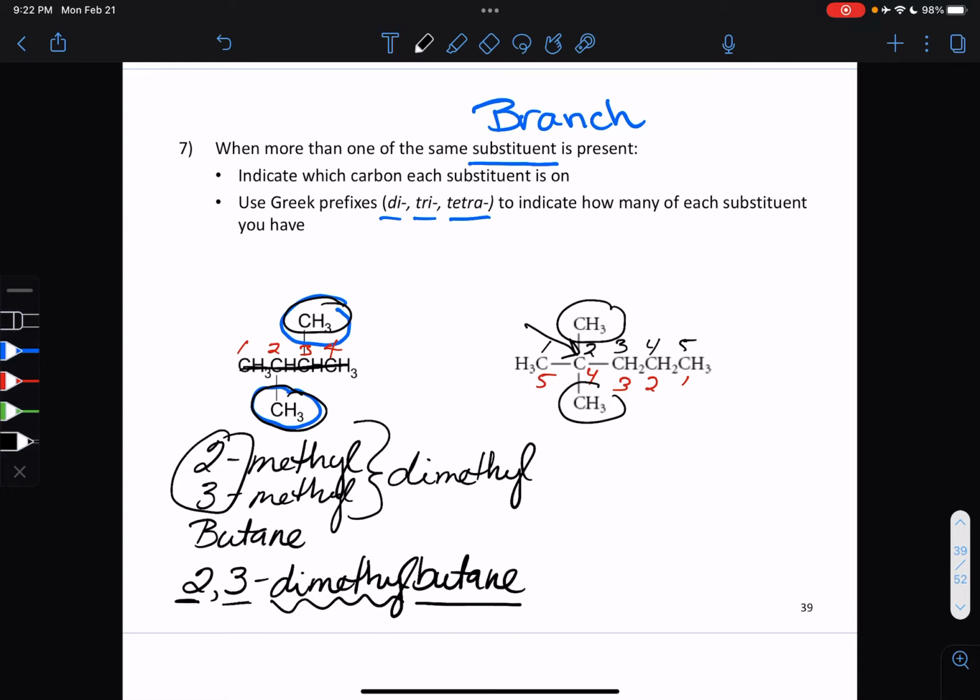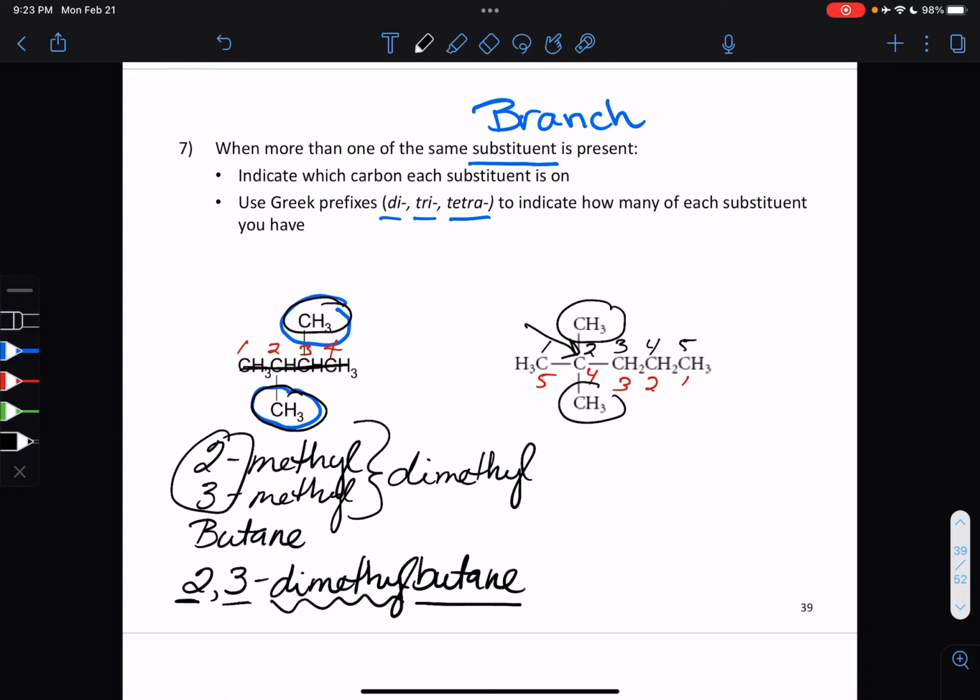If we numbered this chain right to left, the red numbers, we would have 2 methyls hanging off of carbon number 4. So that would be a 4-methyl and a 4-methyl. Now, which numbering system keeps the branches at a location that has a smaller number?